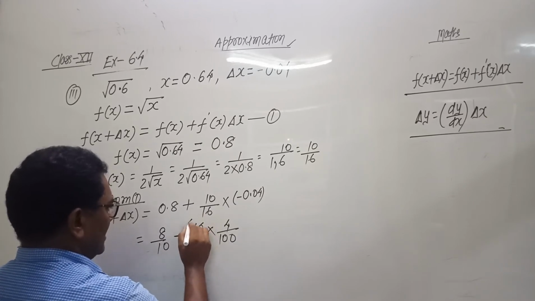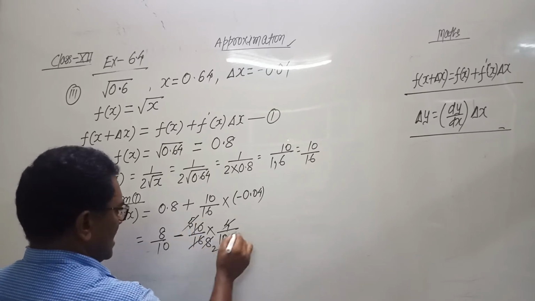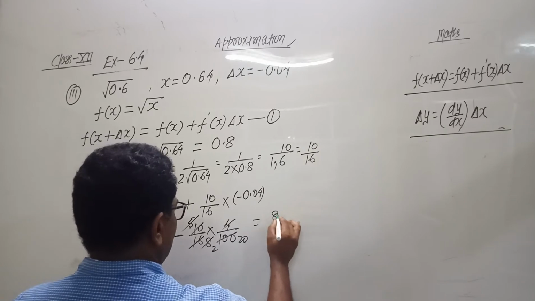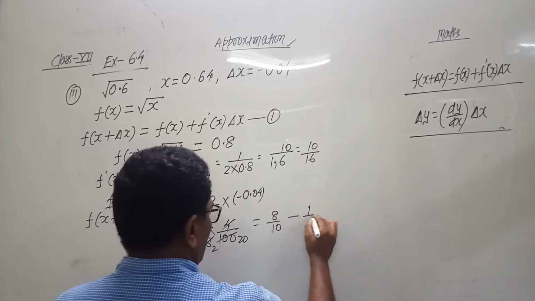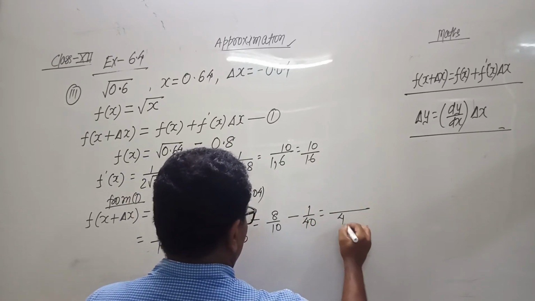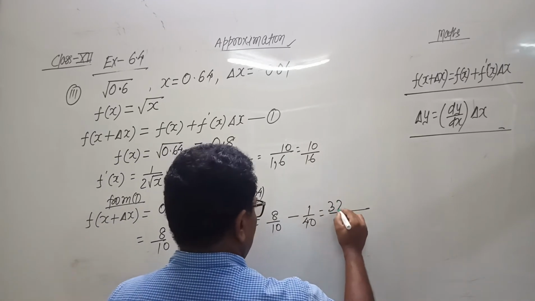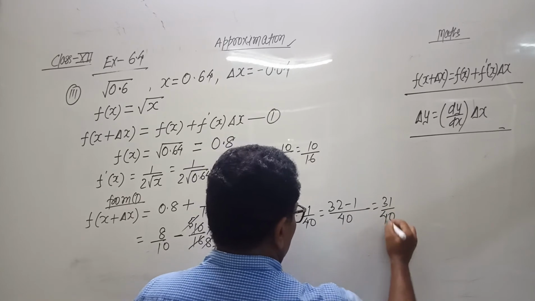Simplifying, 8 by 10 minus 1 by 40. LCM taken 40, 10 fours are 40, 8 into 4 is 32 minus 1, and we get 31 by 40.